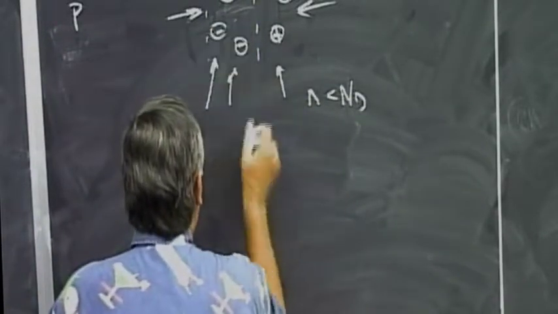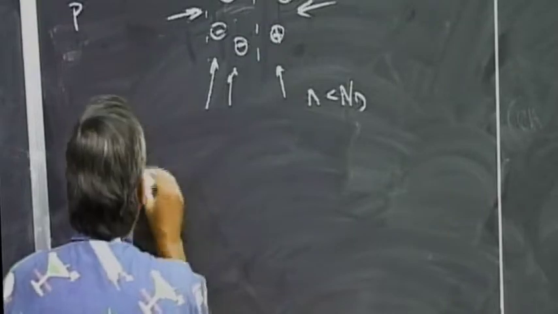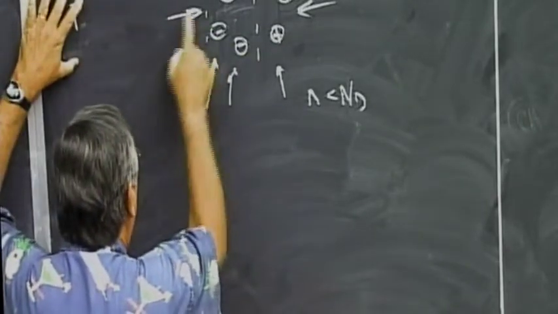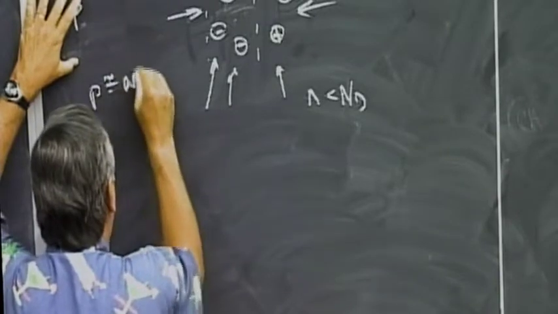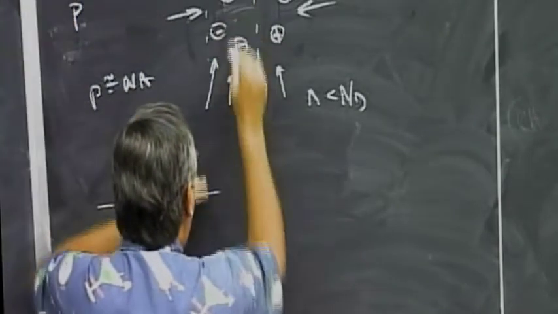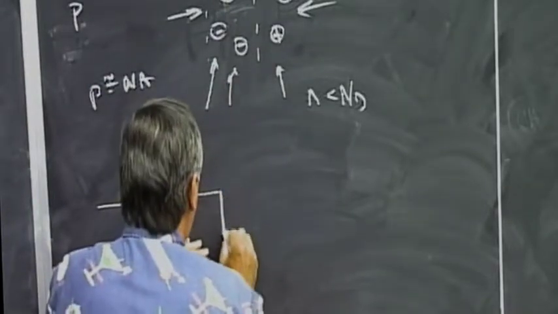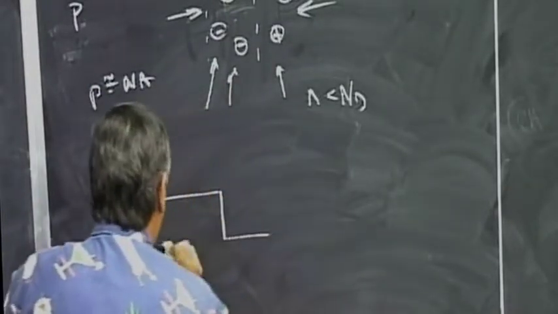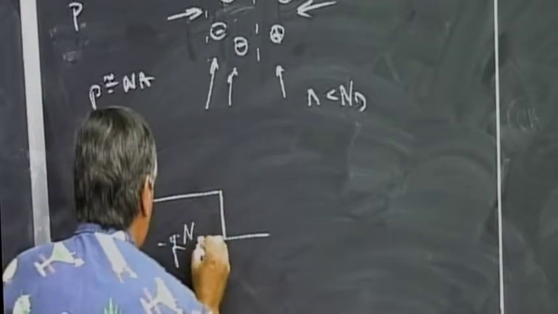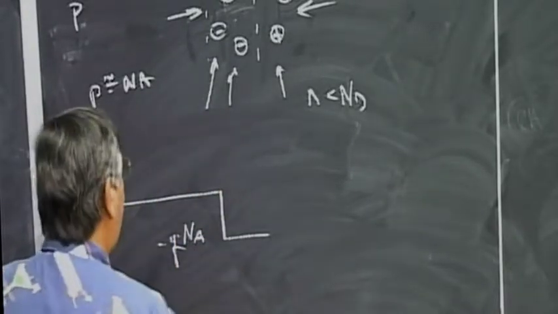So let's assume that Na is a constant. This is neutral. There's holes approximately equal to Na over here. So P is equal to Na. This is neutral, and so there's no space charge. When we get to here, I'm going to assume that we have negative charge, which is proportional to the number of charges times the charge on each one, minus QNA.